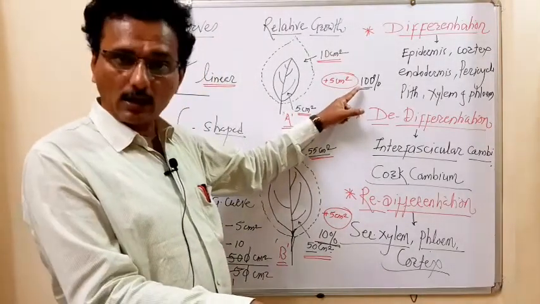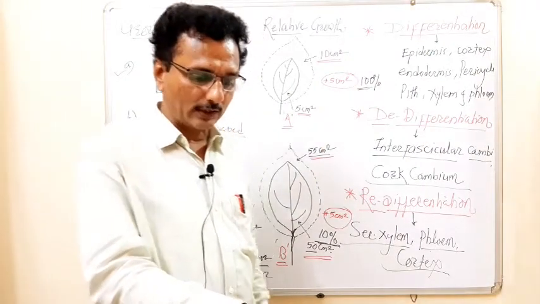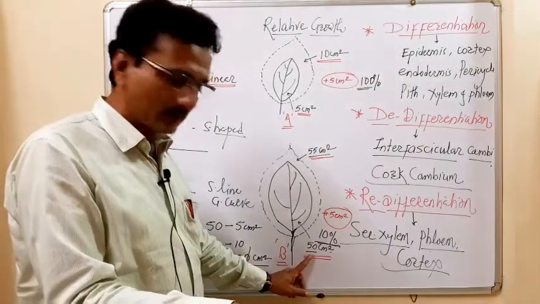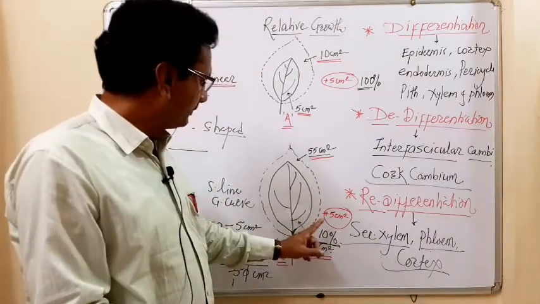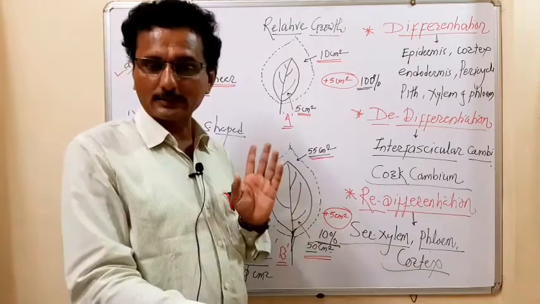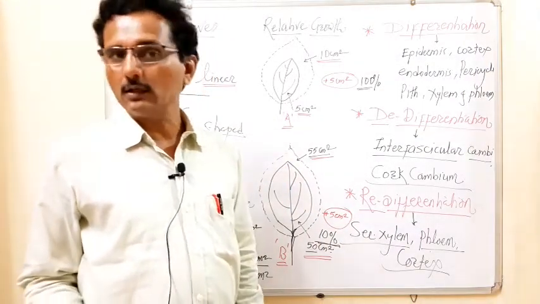The absolute growth for leaf B is 50 centimeter square, and the relative growth rate of leaf B is 10%. So this is your correct answer, the third option.